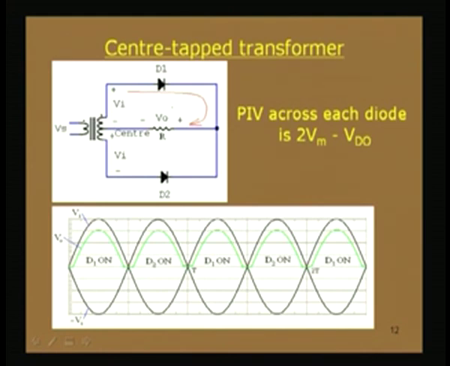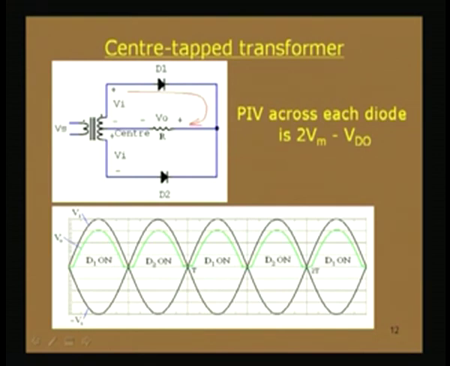Now, the conduction will take place when the upper point is positive with respect to the center, the upper diode will conduct, and when the center is positive with respect to the lower one, that is, if this is at a higher potential than this, then this diode will conduct.